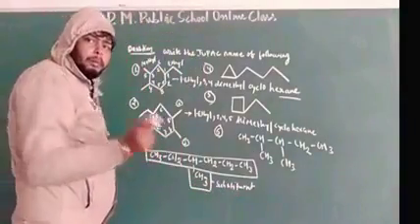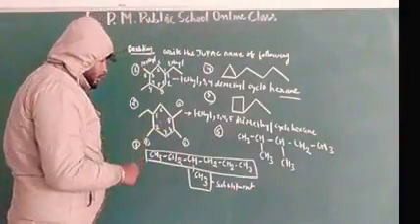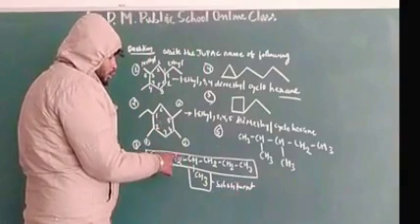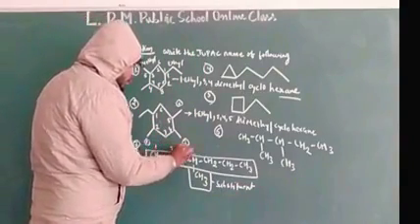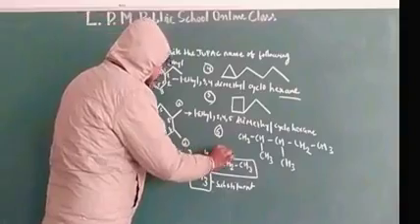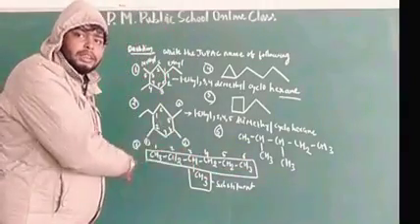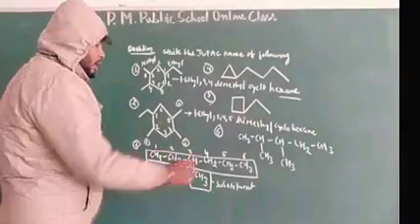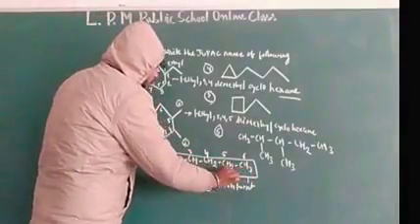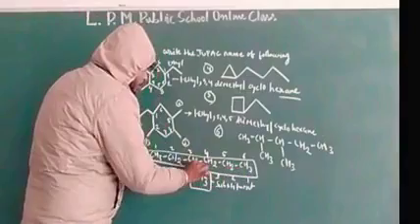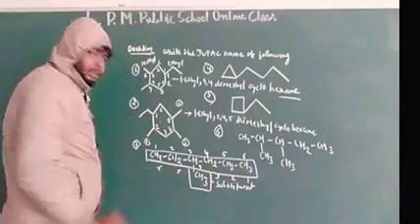For the better numbering, you have to see 1, 2, 3, 4, 5, 6, 7 from left to right. If you come from right to left, this is 1, 2, 3, 4, 5, 6, 7.